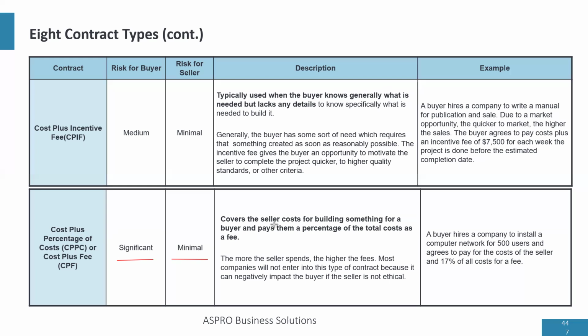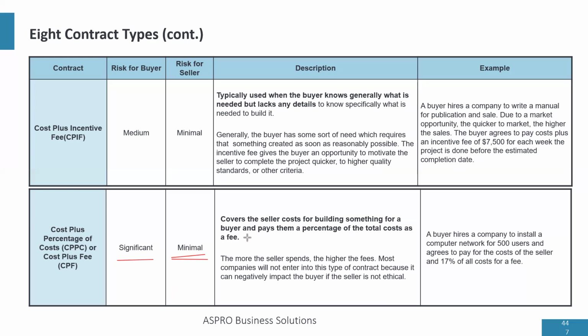Now, many companies will not go for this type of contract. Why? Because if the seller is unethical, they are going to find ways to increase the cost of the project, because the higher the project cost, the more money they take home.